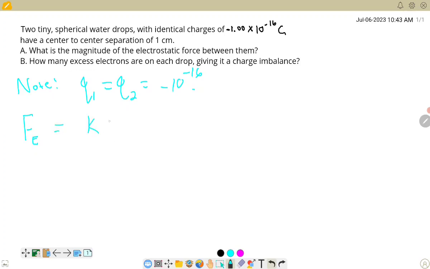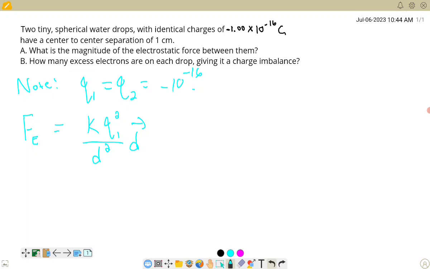Now the electrostatic force from Coulomb's law is equal to k, which is a constant, times Q1 squared in this case, because it usually would be Q1 times Q2, but Q1 is equal to Q2, so it's got to be Q1 squared, divided by d squared, where d is the distance between them, times a unit vector in the direction of the force, which is this d with a hat over the top of it.